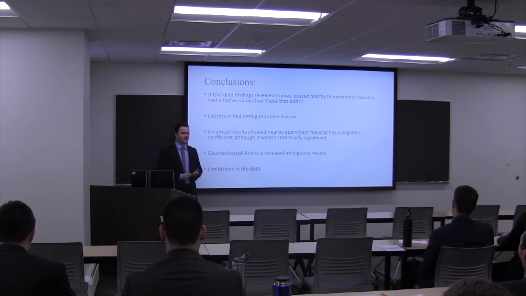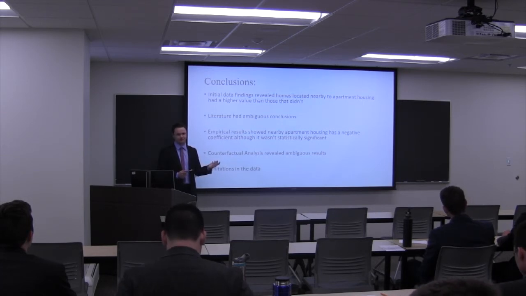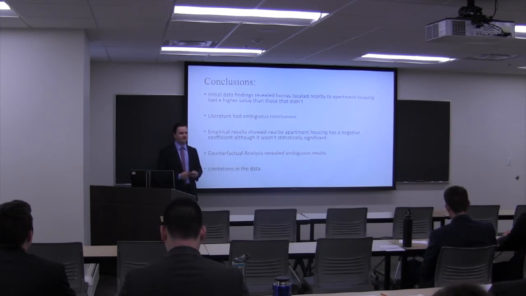So I don't think it's safe to say that subsidized housing, i.e. apartment housing, has a negative effect on home values overall. And then, like I said, the limitations in my data were the fact that I couldn't find subsidized housing, so I had to substitute apartment housing.